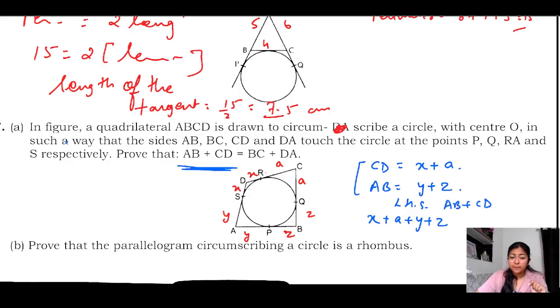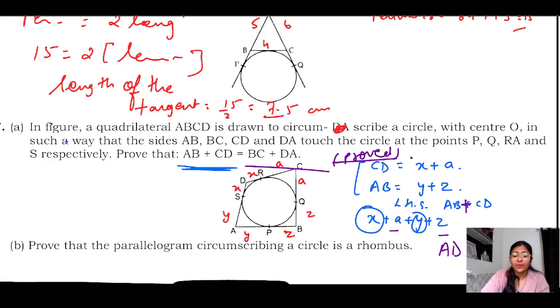Now X plus Y can be written as AD, and A plus Z can be written as BC. Since LHS is equal to RHS, hence the question is proved. Yes or no, learners?